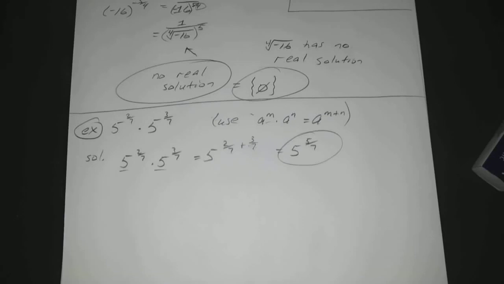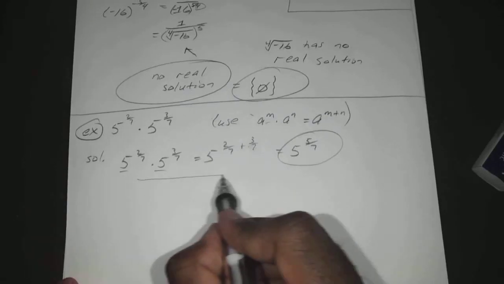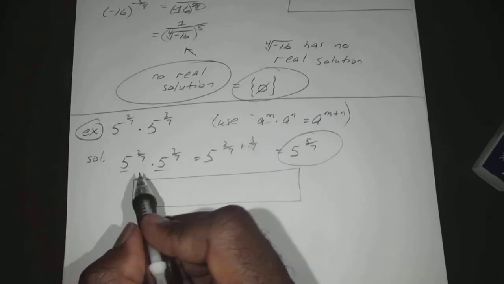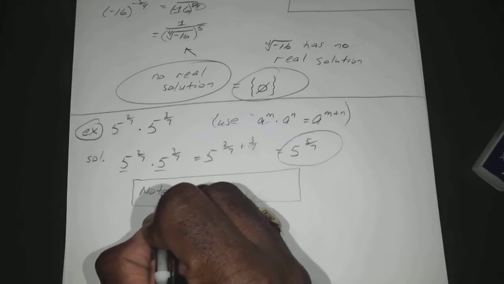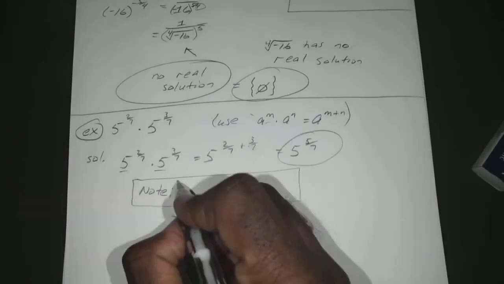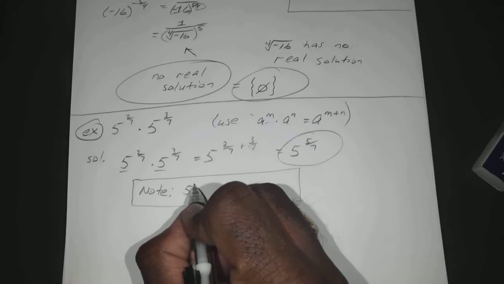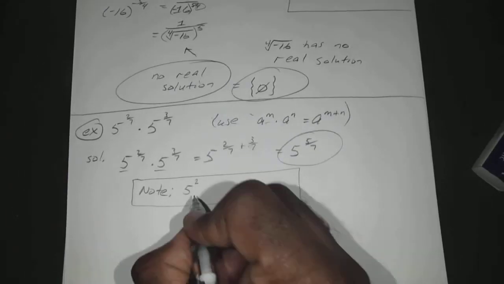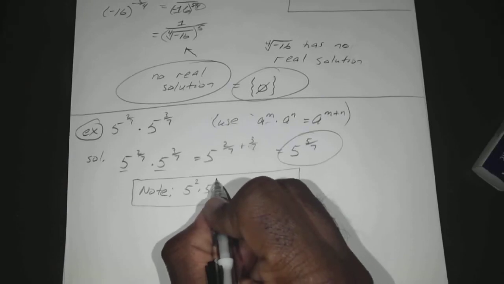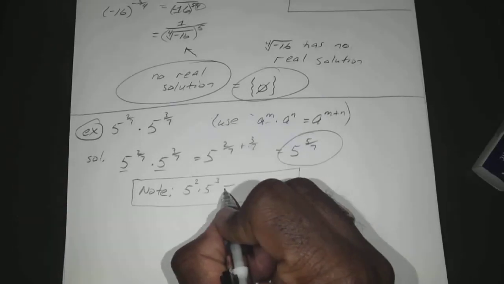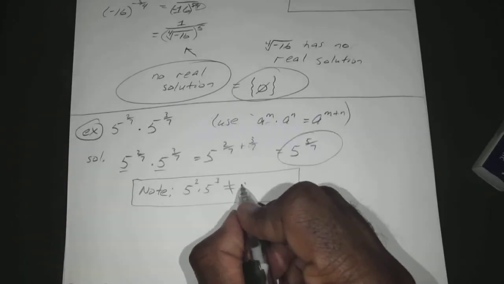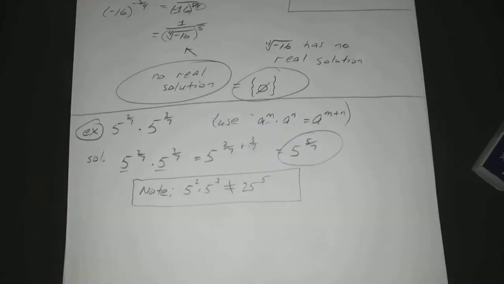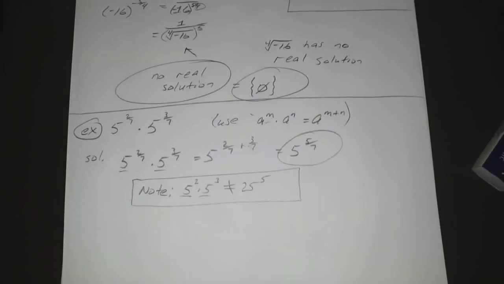One thing you want to remember, just a quick note, because I've seen this mistake over and over. If you have 5 to the second power times 5 to the third power, that does not equal 25 to the fifth power. If your bases are the same, your simplification will still have the same base.